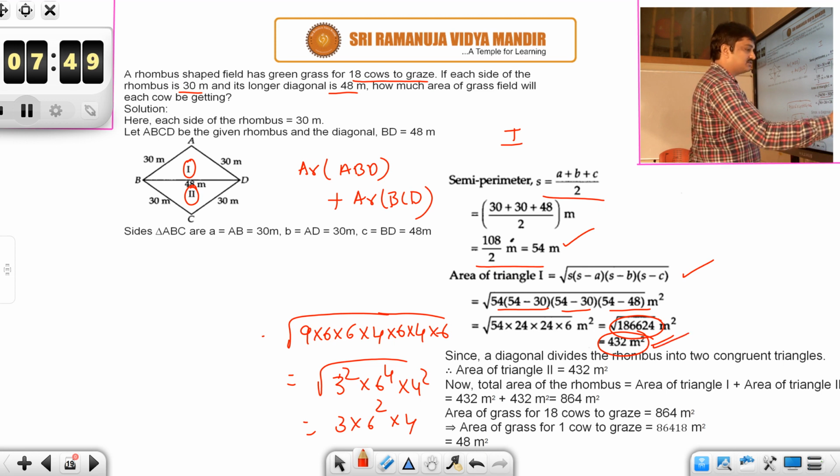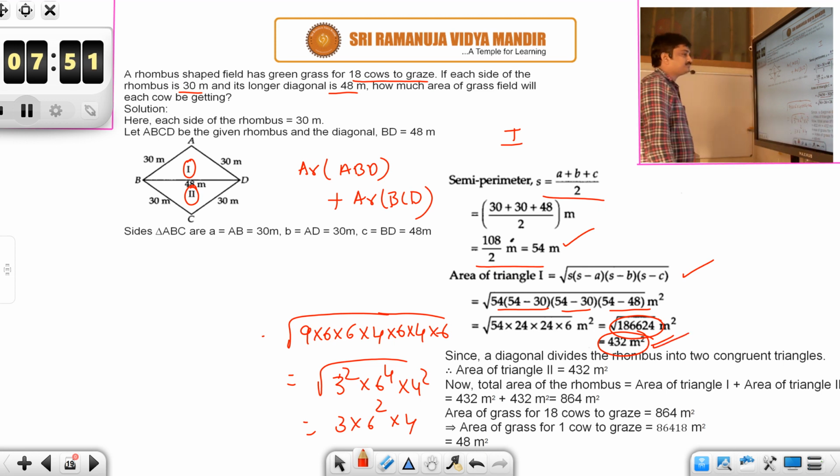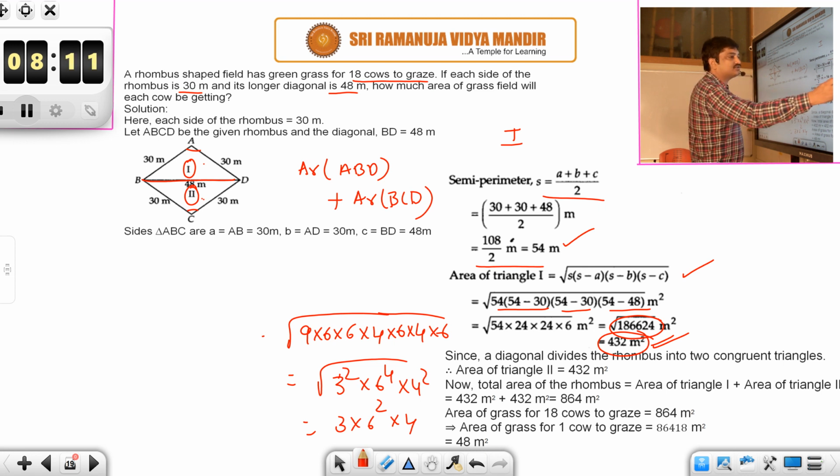Okay, so once you get this area. Now one more thing, if you observe this, in a rhombus opposite angles will be equal. Not only that, this diagonal will divide this into two congruent triangles. Even you need not bother about that. We know that area of triangle is calculated using Heron's formula, and all we need is the S, A, B and C values.